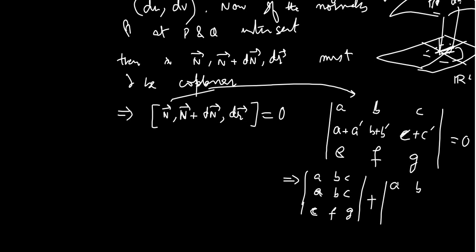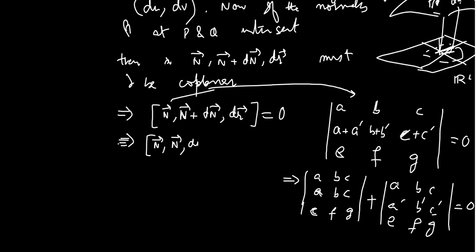So the corresponding scalar products would be in terms of scalar products. I could have written it directly as is given in the notes, but for your sake I write it like this. It means plus the triple scalar product of n, dn, dr is equal to 0.